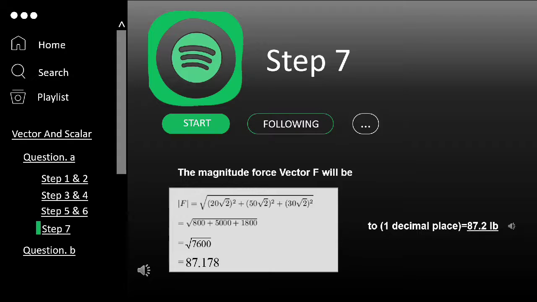The last answer is 87.178. If you want to change it to one decimal place, it equals 87.2 lb.